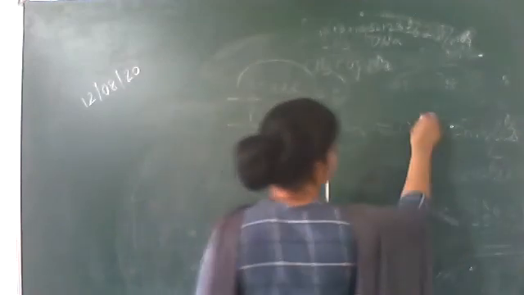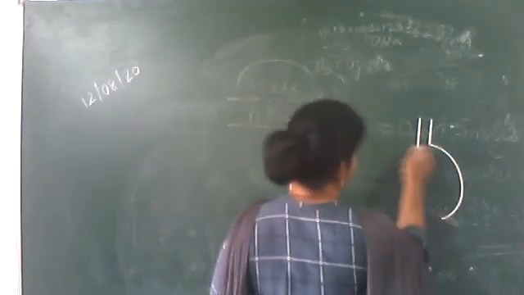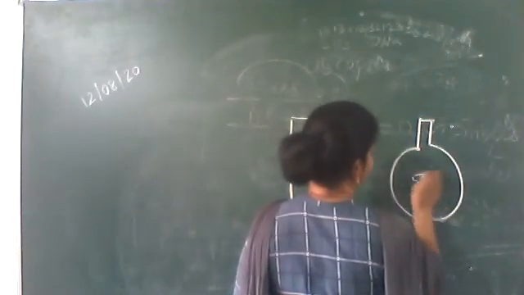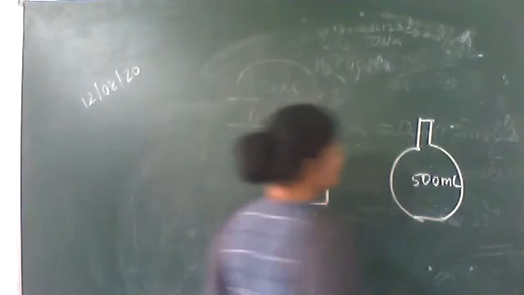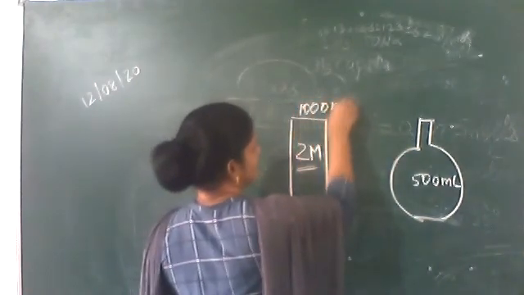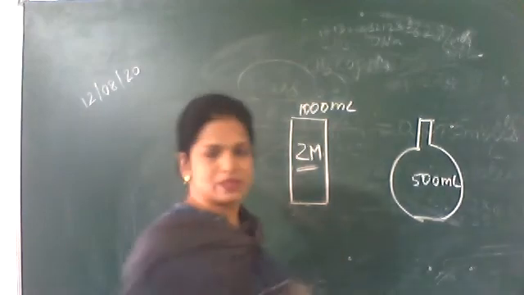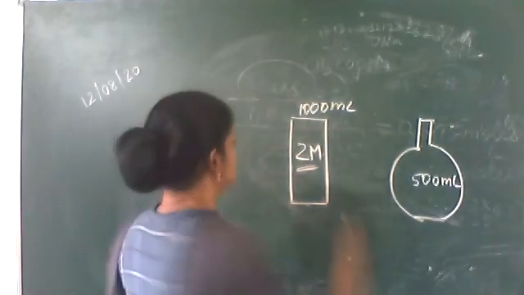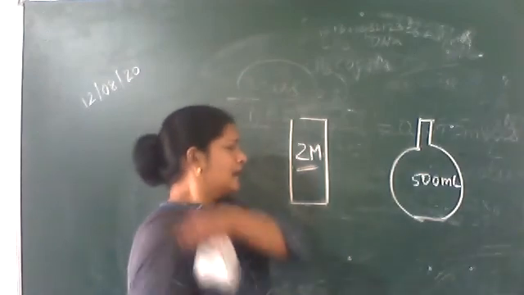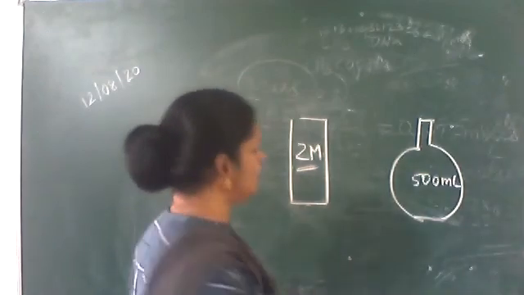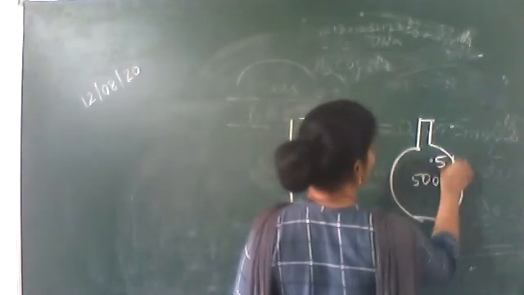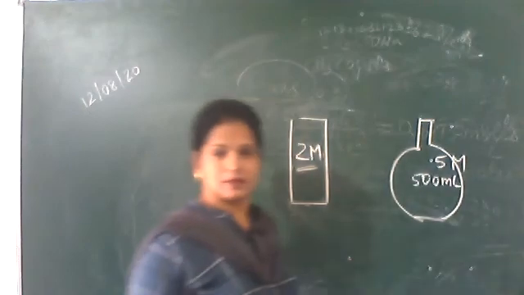This is 2 molar, which means you have to consider 1000 ml solution. So here 2 molar solution we have, and I want to make only, for example, 0.5 molar 500 ml solution.